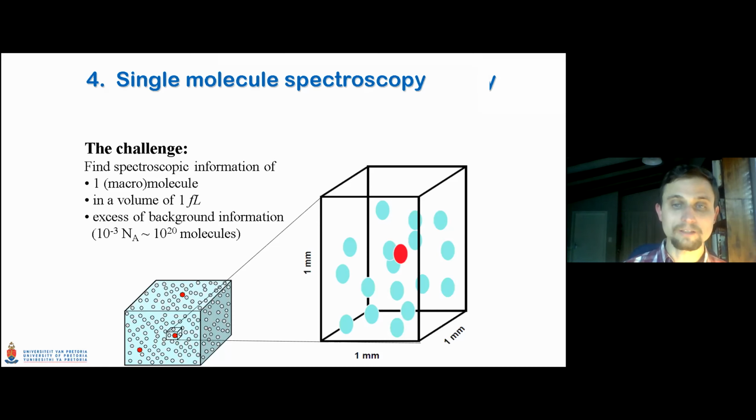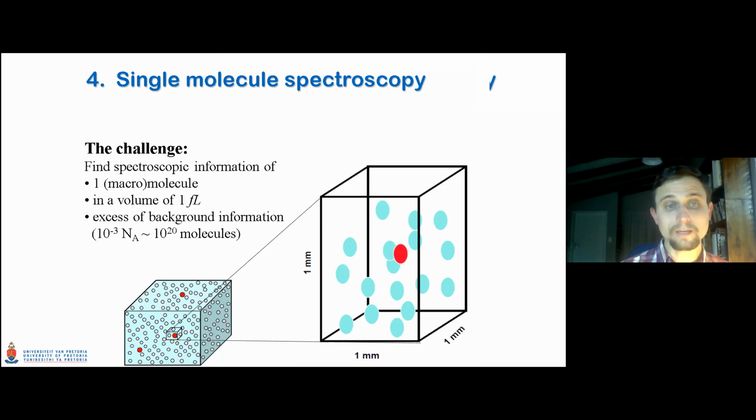You can then label this molecule with a fluorescent label, so that only this molecule within your focal volume of 1 femtoliter will emit radiation, and you can use this emitted radiation to investigate all the dynamics that take place.